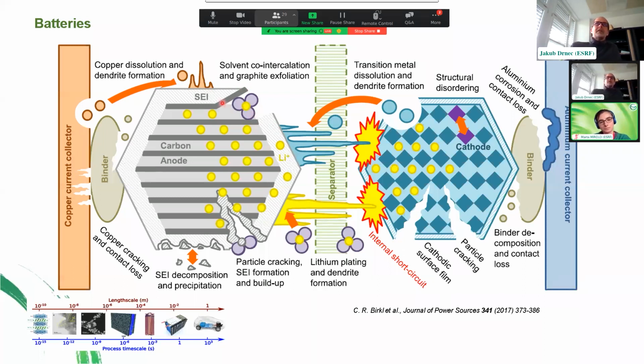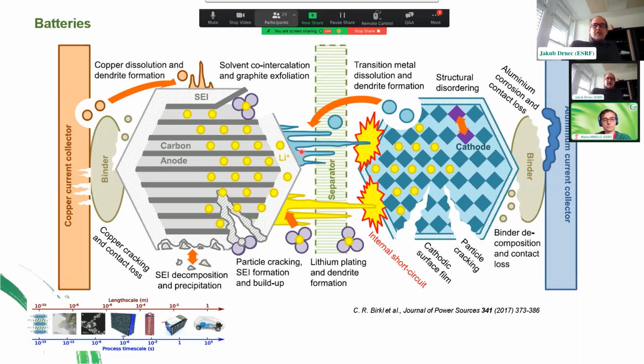Or they can actually inhibit the flow of the lithium ions inside. So you have to really engineer carefully these interfaces. And as you lithiate and delithiate, you can imagine that there's lots of stress induced in the material, which then leads to cracking and delamination and all sorts of degradation phenomena.